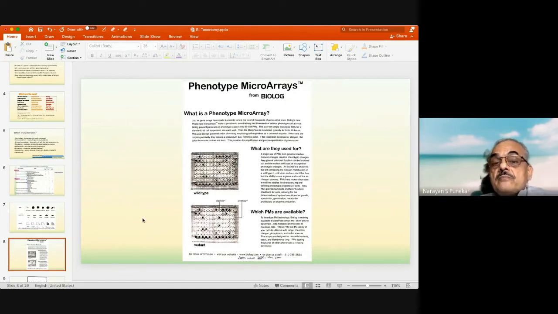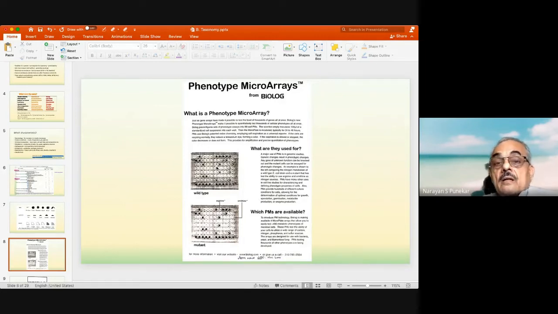This is a 96 well plate, and the company product is called Biolog. They have different media in small 96 well plates, and they inoculate the organism. Each well will tell you whether it grows or does not grow, and if it grows, it gives you some color, because the organism changes the color of a vital indicator.